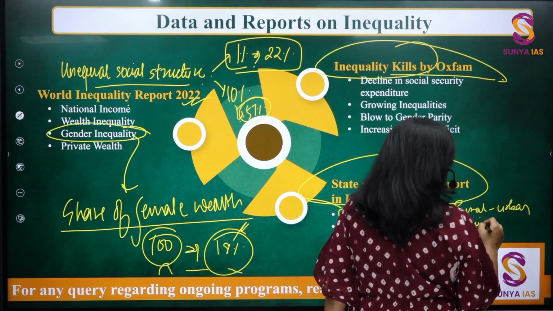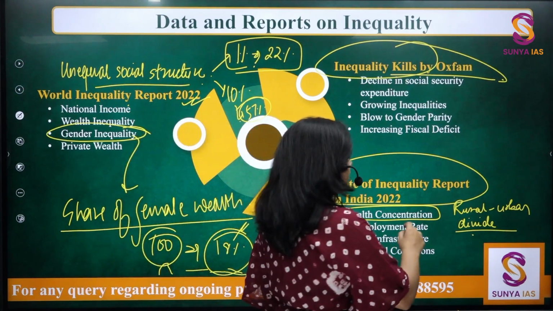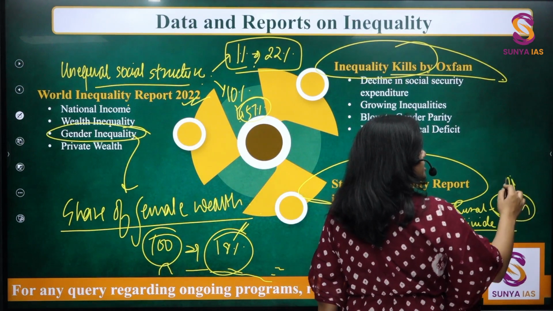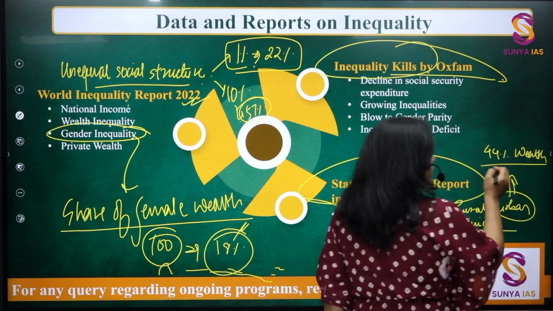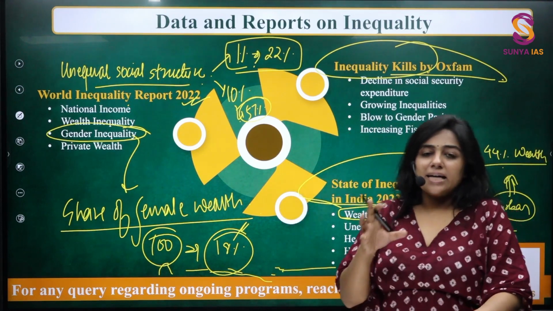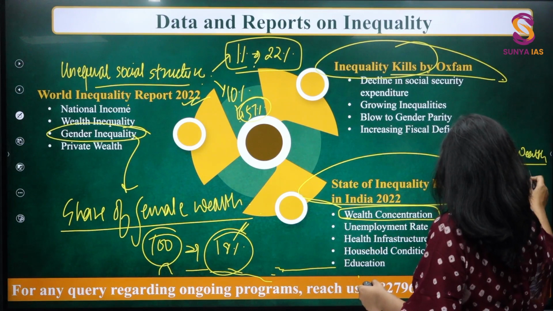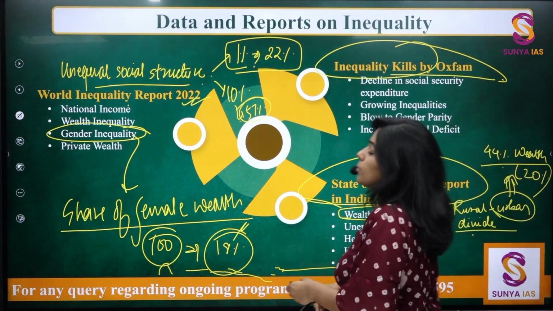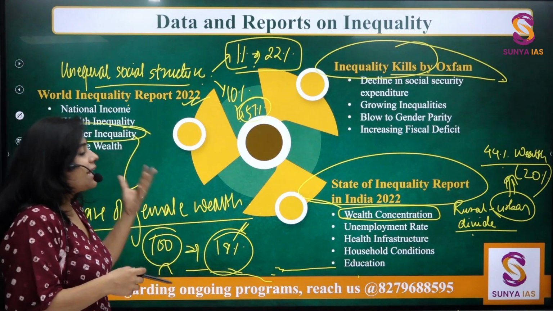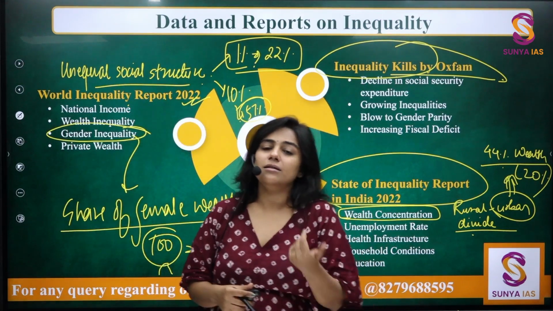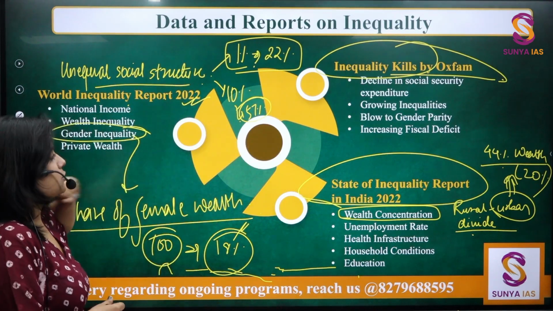Here it has to be said that in the urban areas, this report says that 44% of wealth is concentrated in the hands of the rich in the urban areas, right? In the highest quintile. So 44% wealth is in the hands of the top 20% in the urban areas, right? So that means the level of inequality is higher in the urban areas. These are some of the statistics that you have to use.